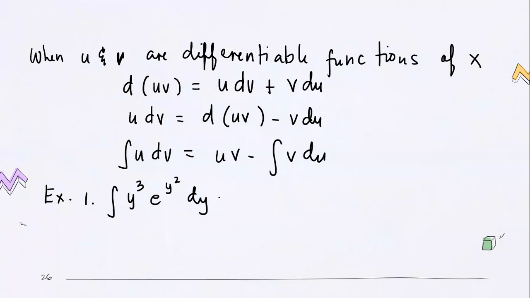Take your u is equal to y squared, and your dv is equal to e to the y squared y dy.